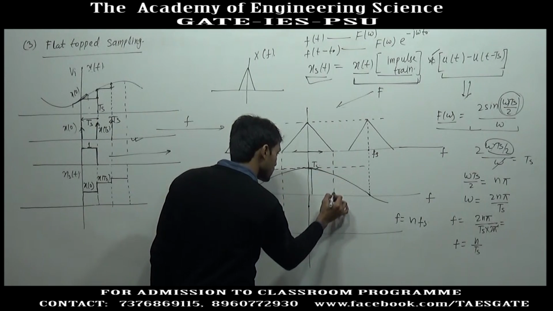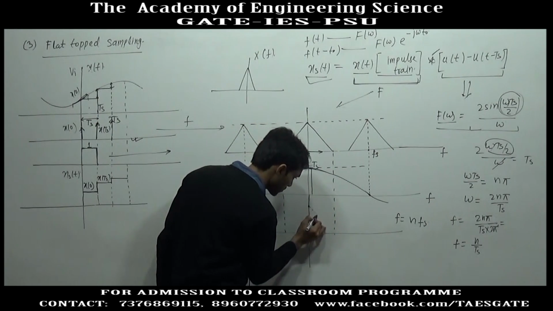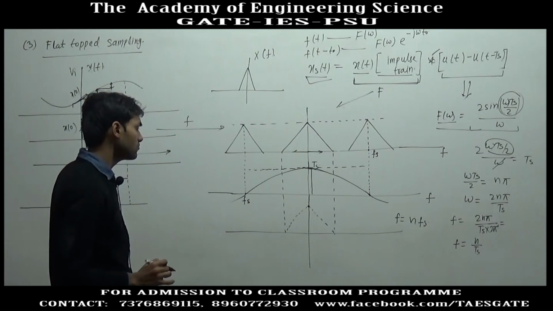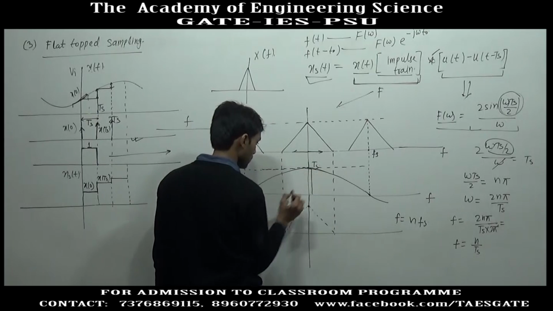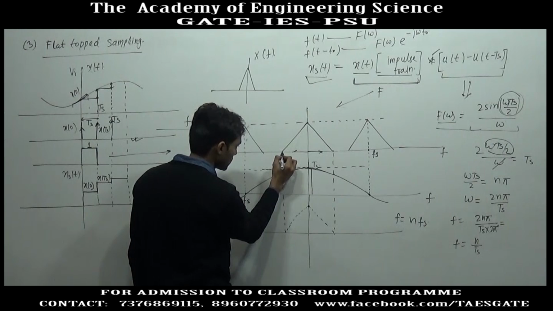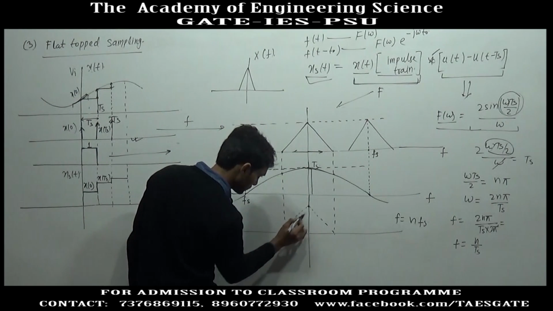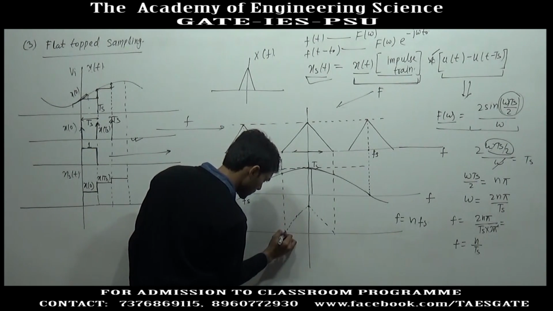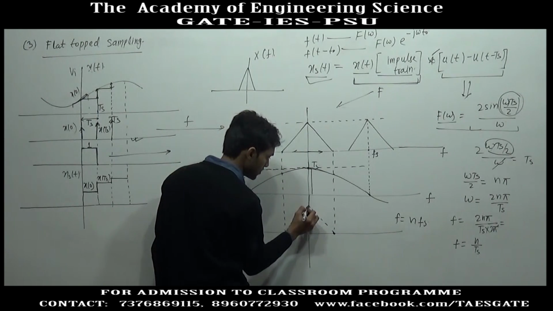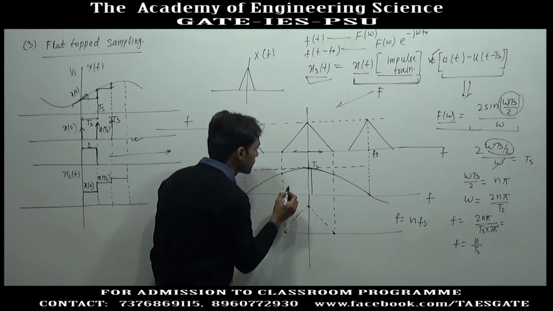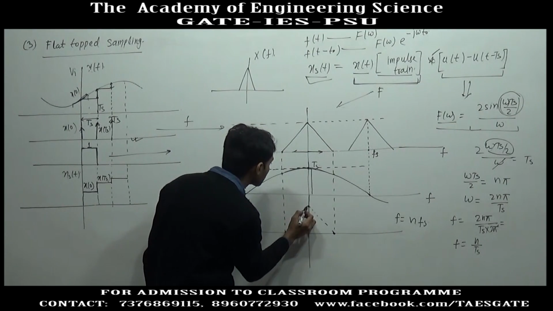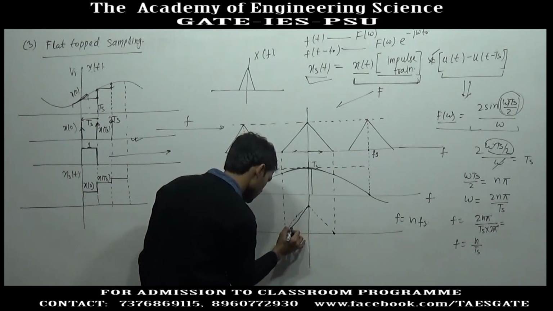So, first I am drawing with a dotted line for constant gain, but gain is not 1. Even if it is not 1, we will get 0 value at this point only. We will get 0 at this point, and the same point at omega equal to 0, but from here to here the value will be decreasing. So, we will get this type of graph.